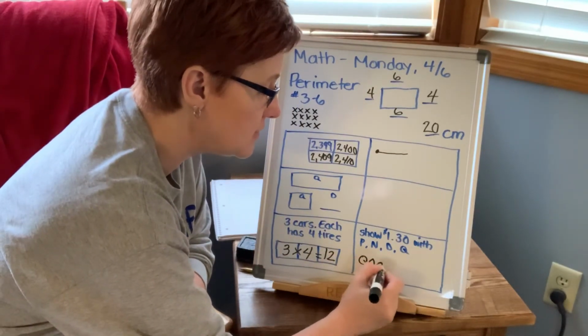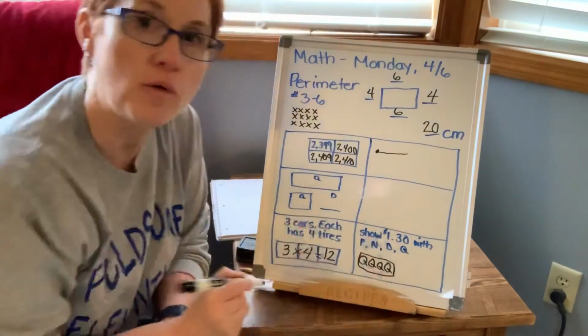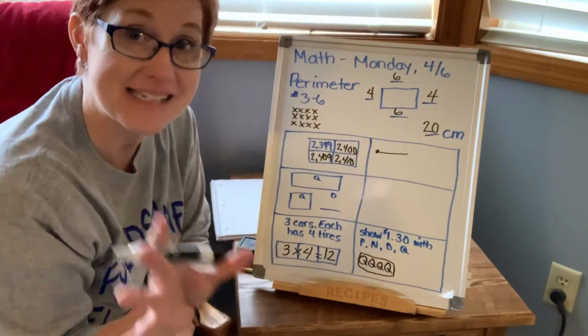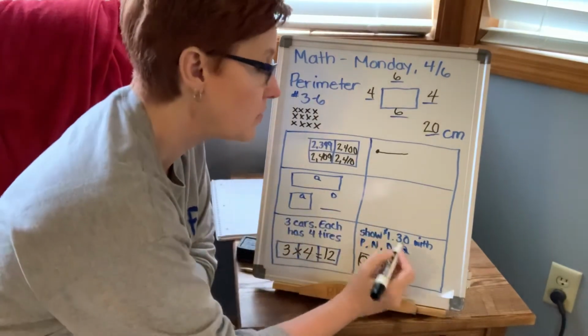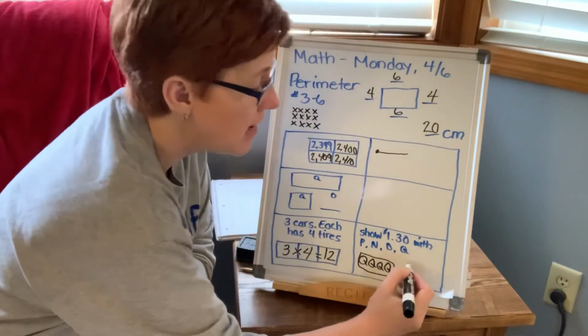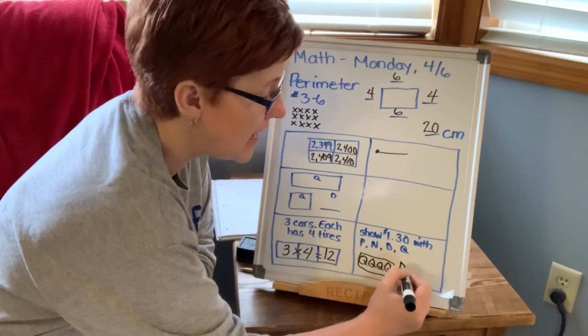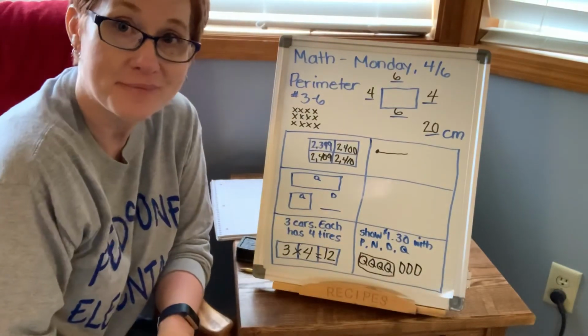Since it won't let me use $1, I do my 4 quarters, and then remember how we put a box around it. That means it's the same as $1. All right, 4 quarters, box around it. That's my $1. Now I'm going to do my 30 cents. So I'm going to do 10, 20, 30.